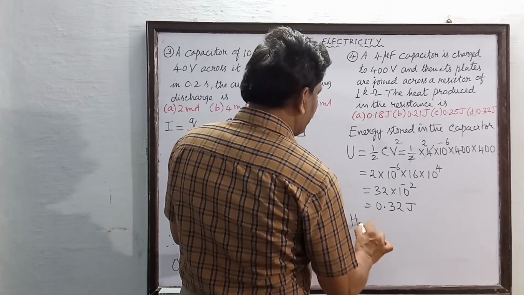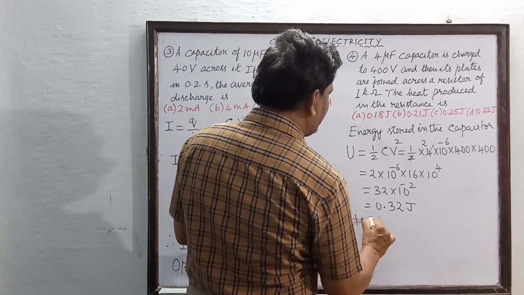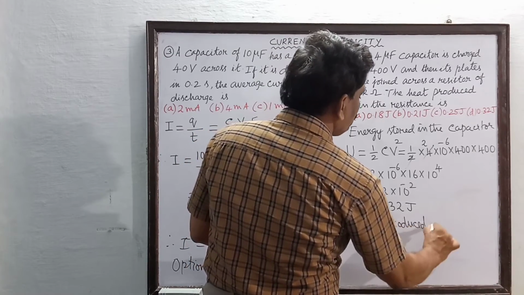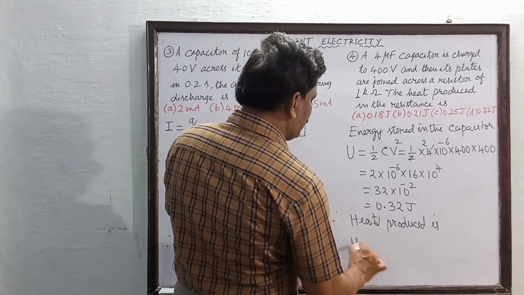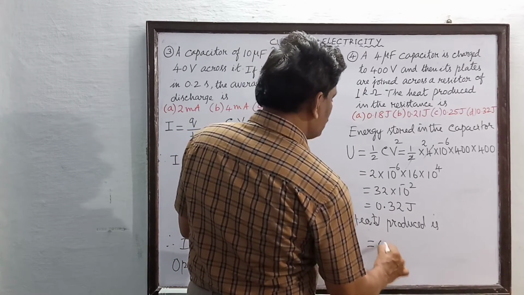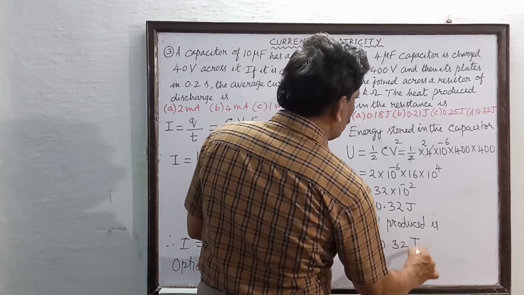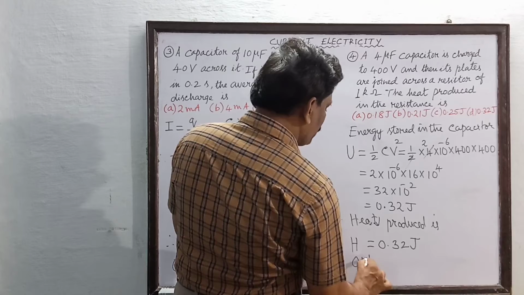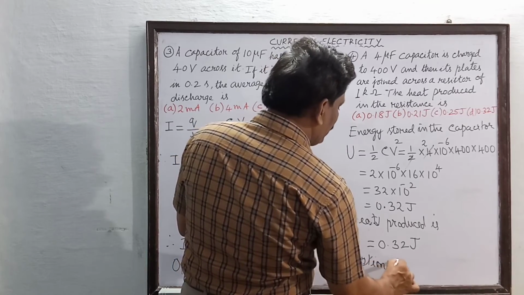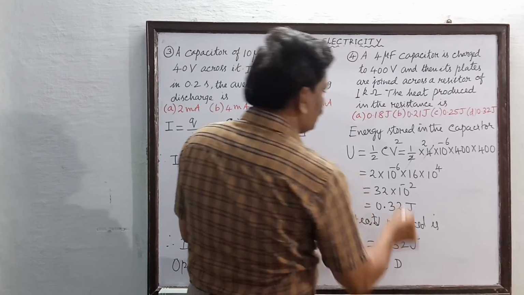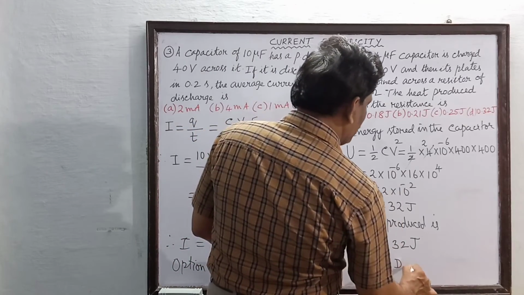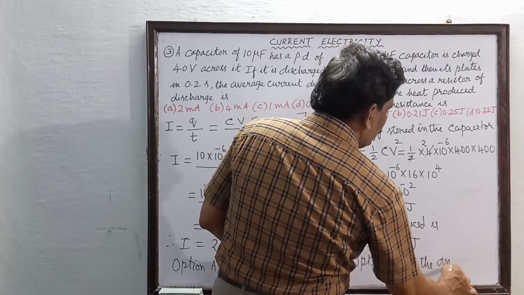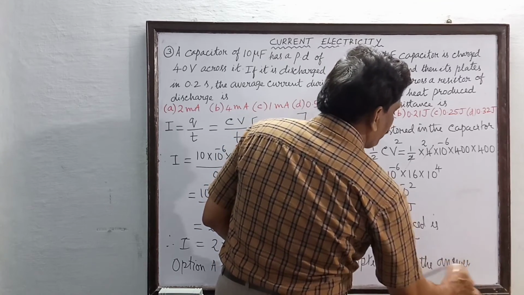Therefore, heat produced in the resistor is H equal to 0.32 joule. So option D is the correct answer. By the law of conservation of energy, the electrostatic potential energy is converted into heat energy. So D is the correct answer.